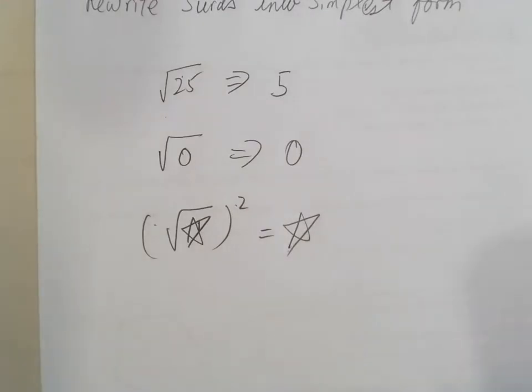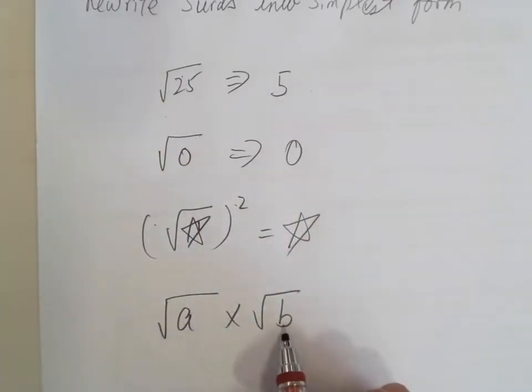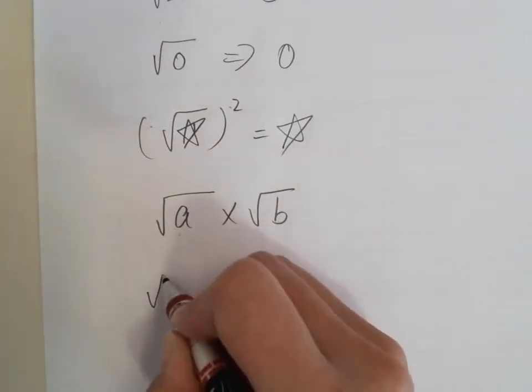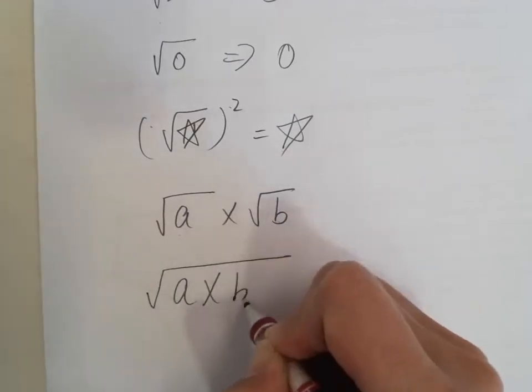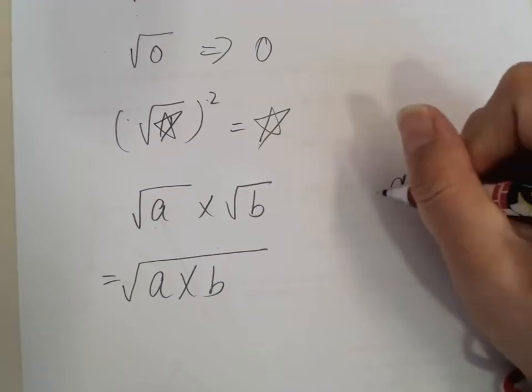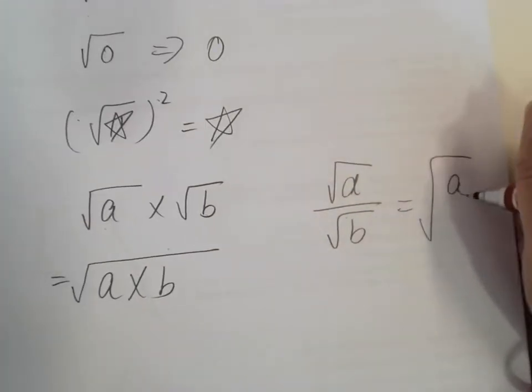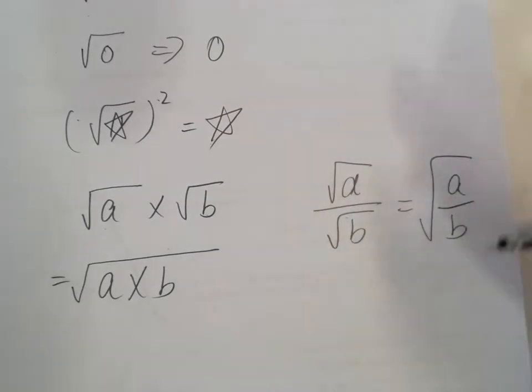Also, based on the index law, we have the square root of a times the square root of b. Both of them are under the rules, so you can have it as the square root of a times b, because inside you can do a lot of things with it. Similar with division, the square root of a over the square root of b equals the square root of the whole fraction. So if you want to, you can cancel those out and get things done.